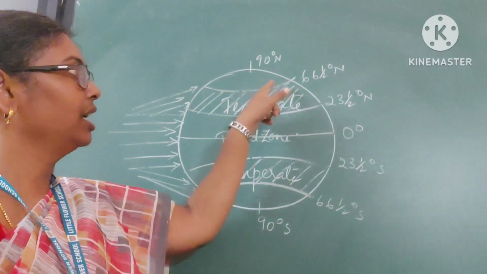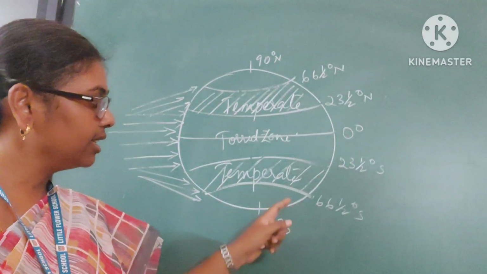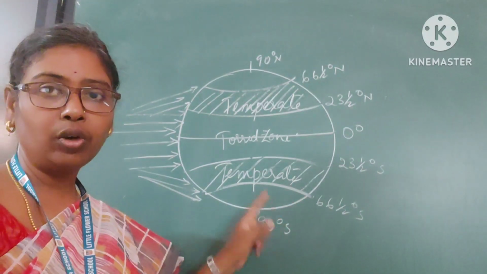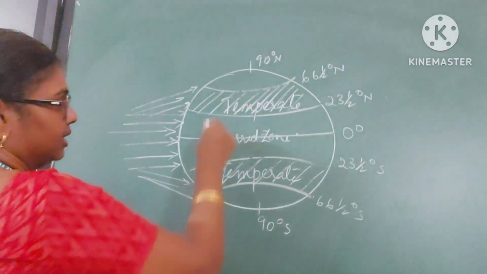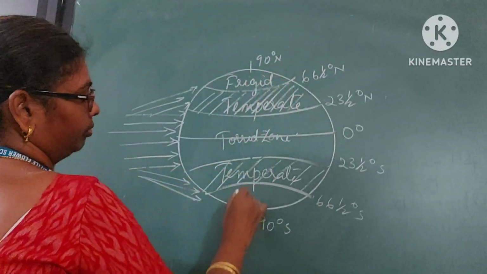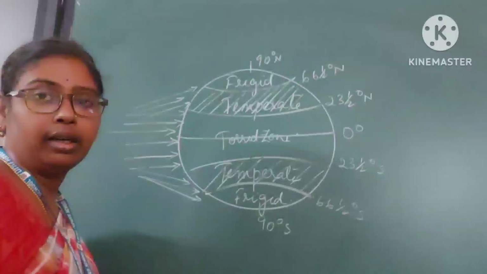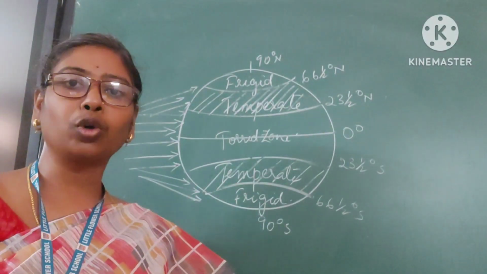Coming to the next zone, 66.5 degree to 90 degree north and 66.5 degree to 90 degree south, this is termed to be the frigid zone.